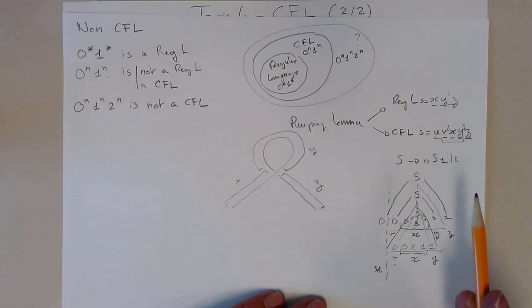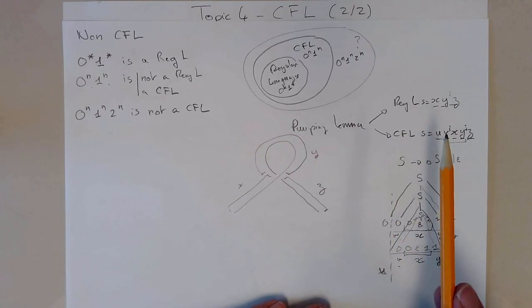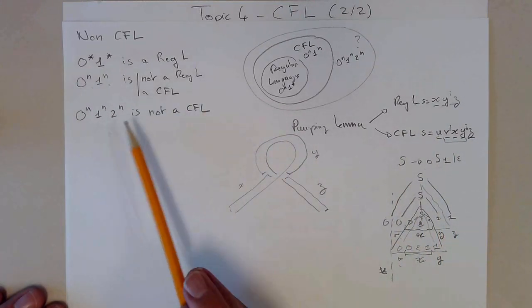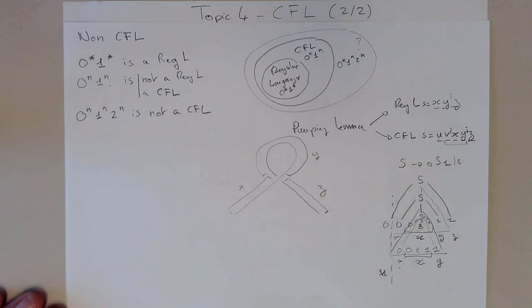I'm not going into the details again because it's fairly technical, and we don't need that. But what we need to know is how to use the pumping lemma to show that this is not a CFL. It's really easy, the same thing as for regular languages.